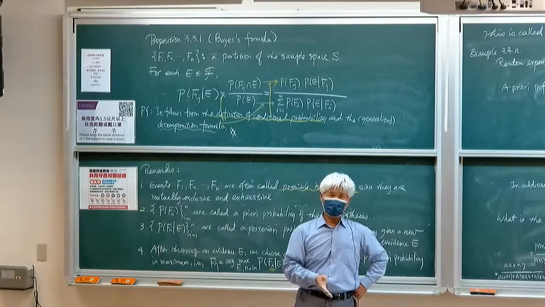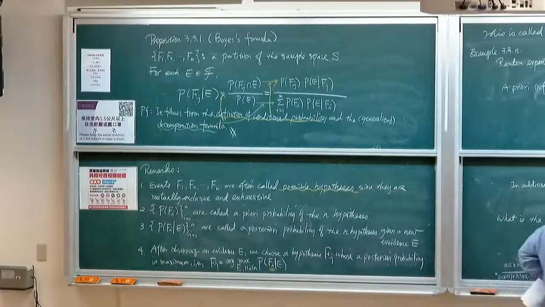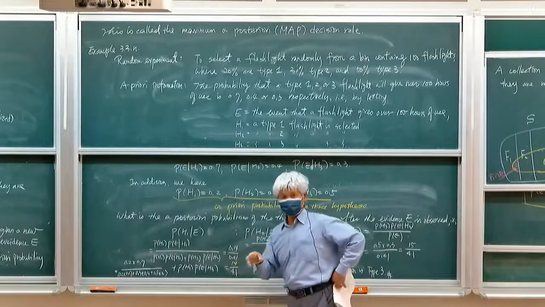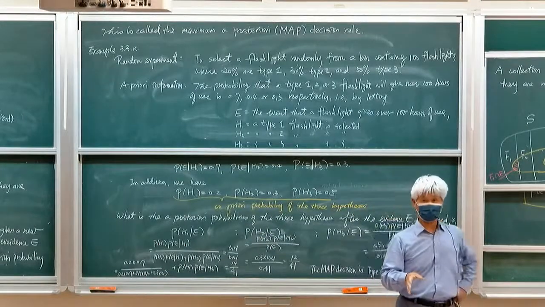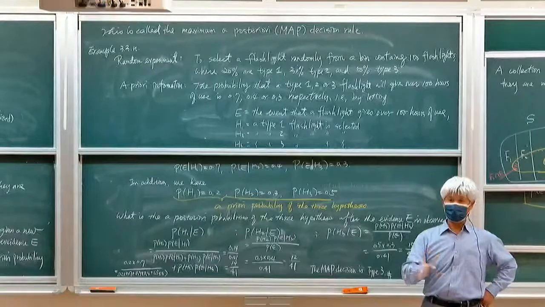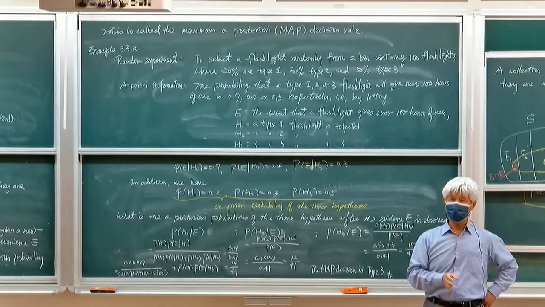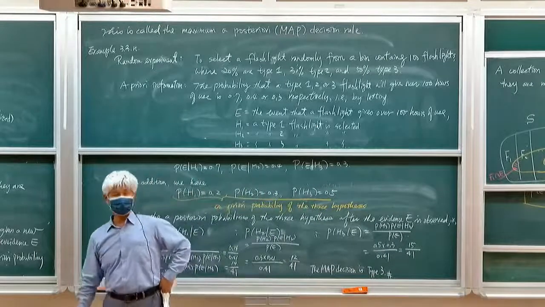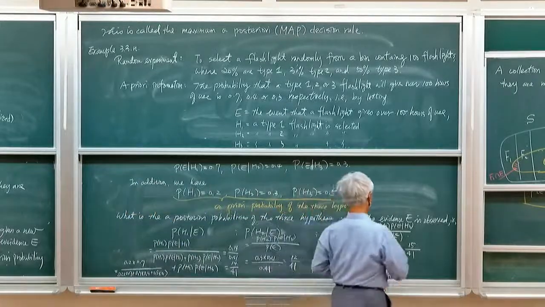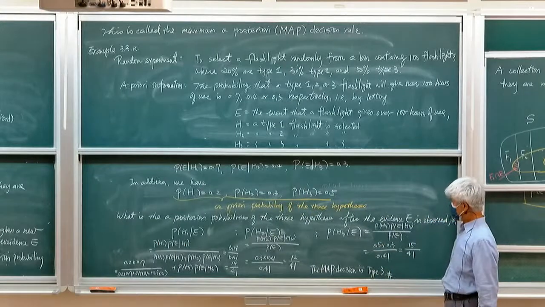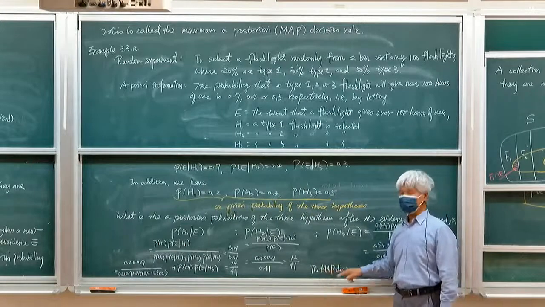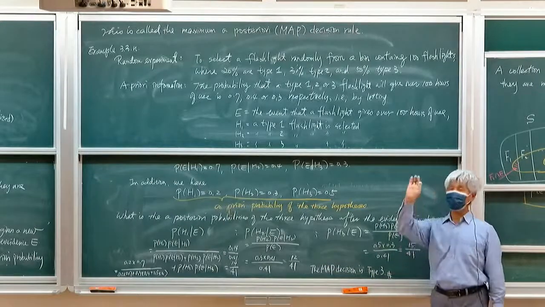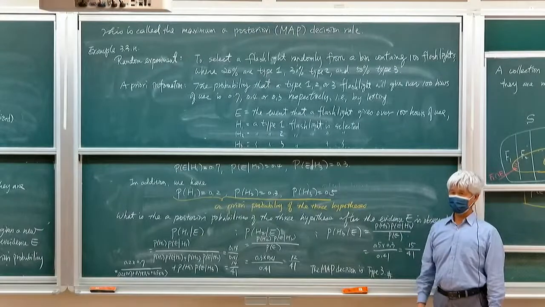Okay, so if the policeman has more and more evidence, then the a posteriori probability will change for the 3 suspects. So if the detectives can collect more and more evidence, then the final MAP decision will be correct with high probability. Okay.